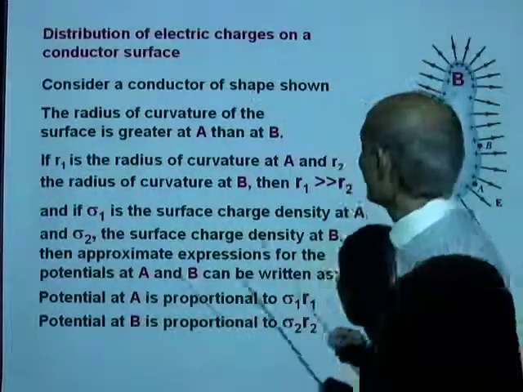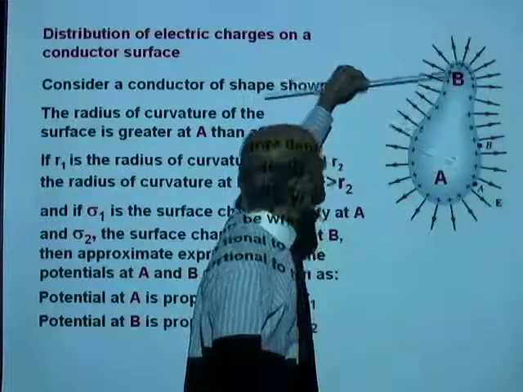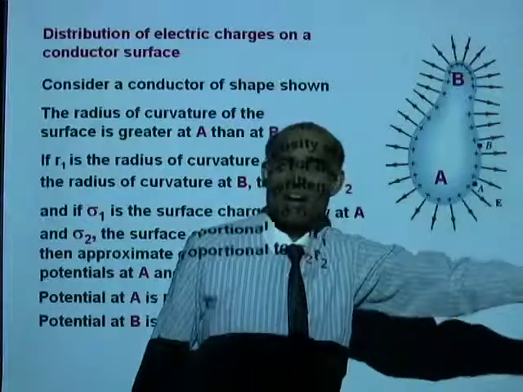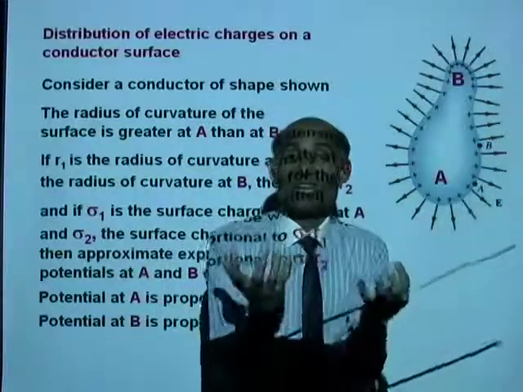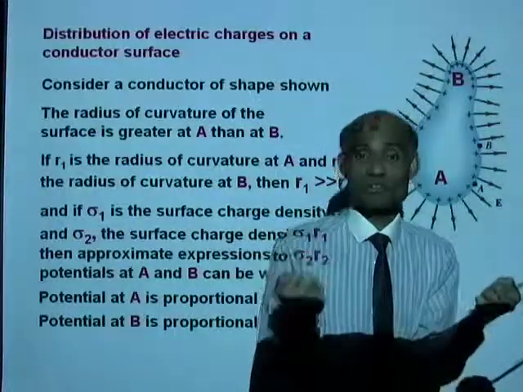Well, tell me, what is the relation between potential at A and potential at B? Didn't we say just about 5 minutes ago that the surface of a charged conductor, irrespective of its shape, is an equipotential surface?